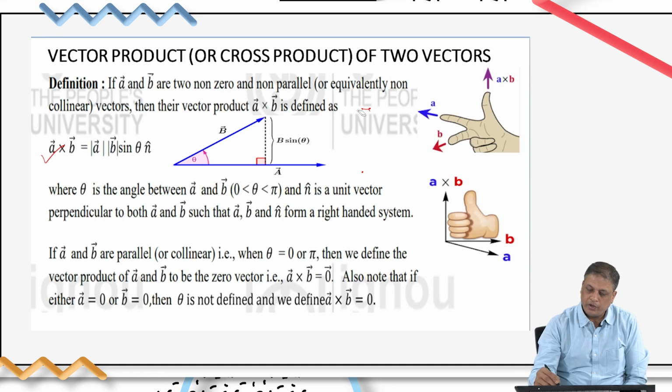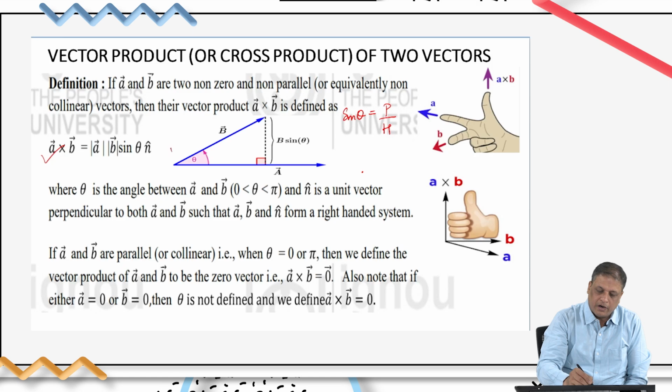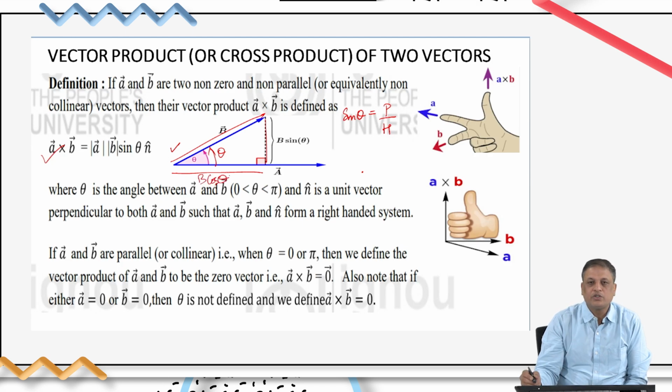We already know from the expressions of trigonometry that sine theta is nothing but perpendicular upon hypotenuse. Referring to this figure, say B is a vector subtending an angle theta on vector A. Then the horizontal component of vector B is given by B cos theta, and using B cos theta we can determine the dot product.